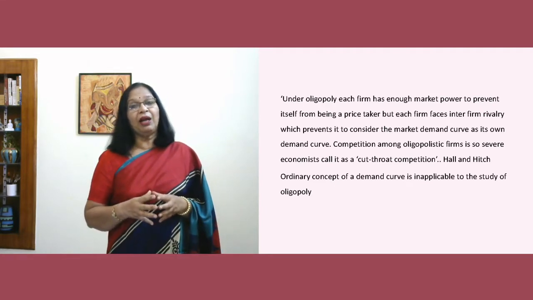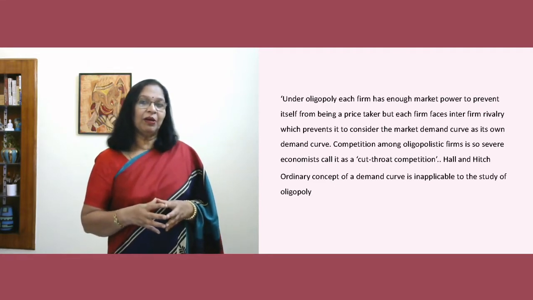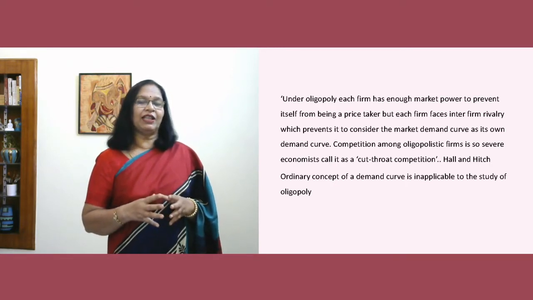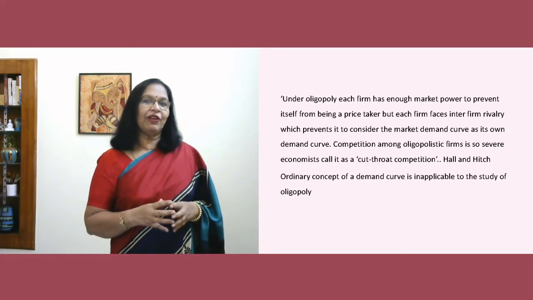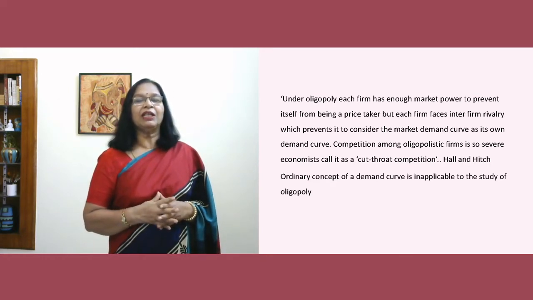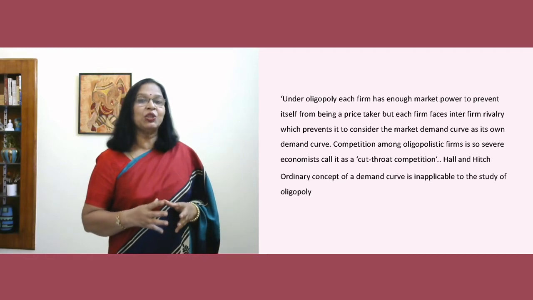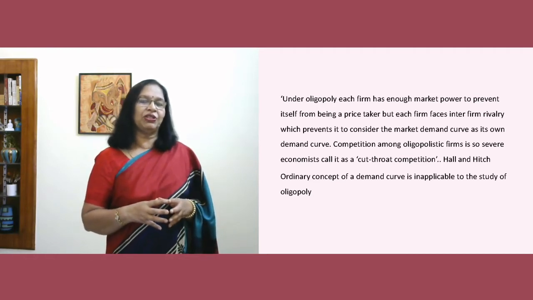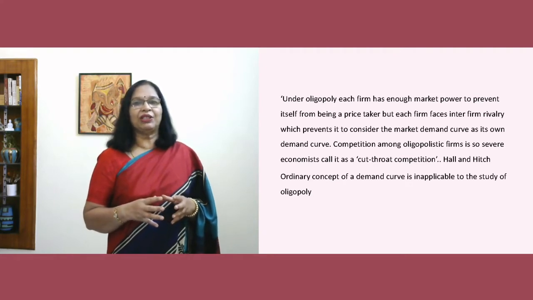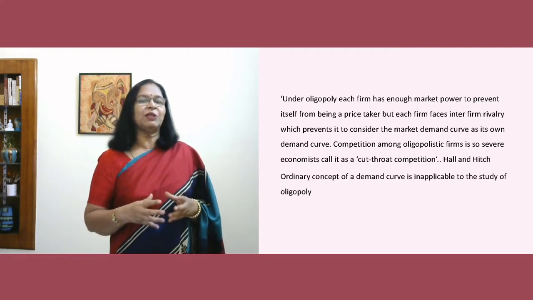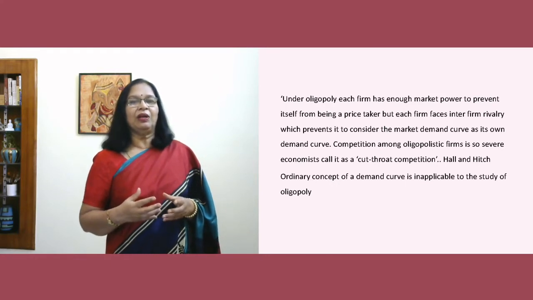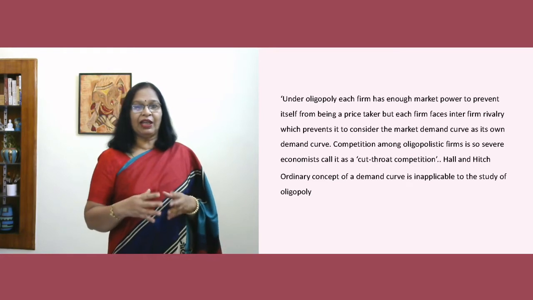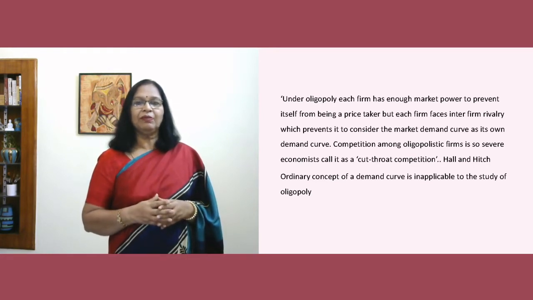But each firm has another problem. Each firm has to face interfirm rivalry. Because of this rivalry, it is difficult for a firm to treat the market demand curve as its own demand curve. This results in cutthroat competition among the firms, which firms experience when they have to keep track of their rival firms in their day-to-day work.